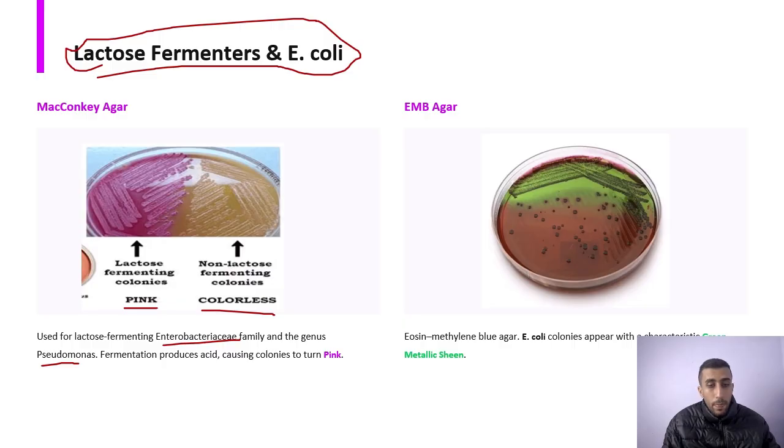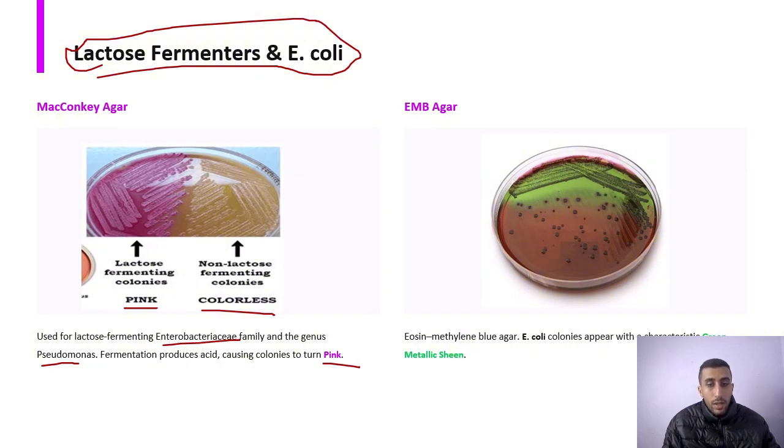So these organisms turn pink because they ferment lactose, and we differentiate them based on this fermentation, which is translated into a certain color, pink in the case of lactose fermentation.